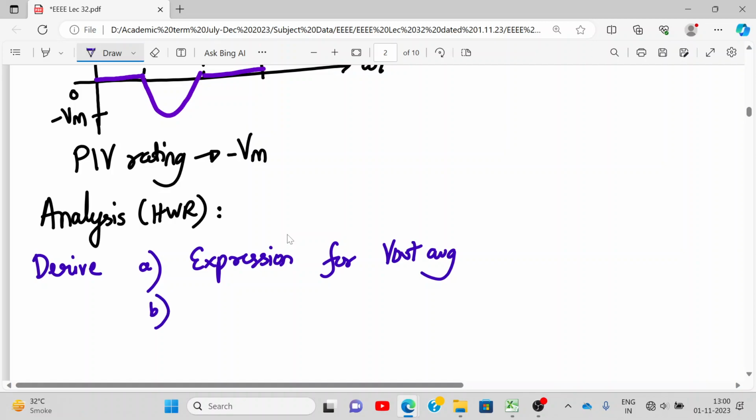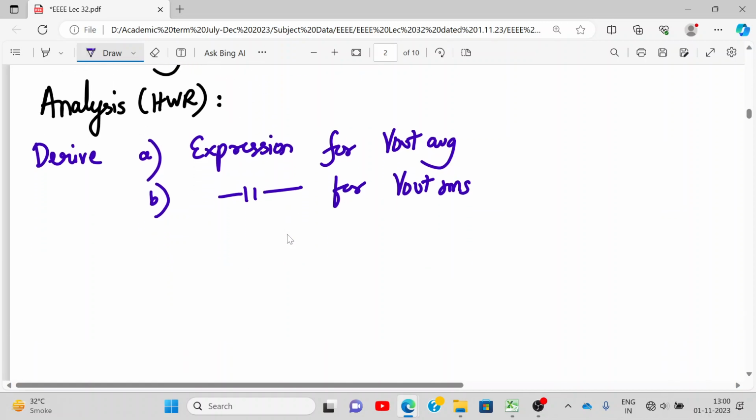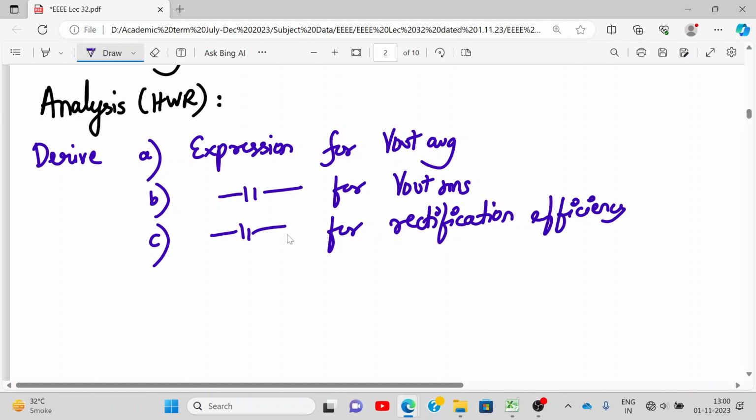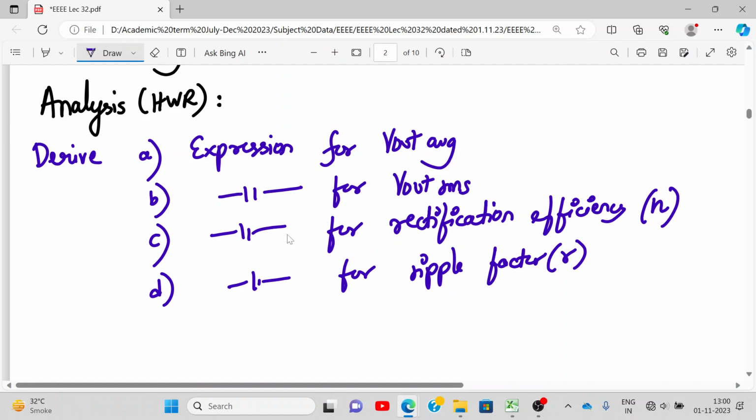Then second, derive the expression for V out RMS. Then we'll derive the expression for rectification efficiency, which is eta. Next we will derive the expression for the ripple factor. Finally, we'll derive the expression for the transformer utilization factor, TUF.